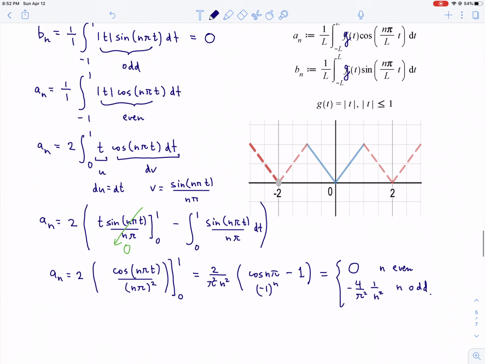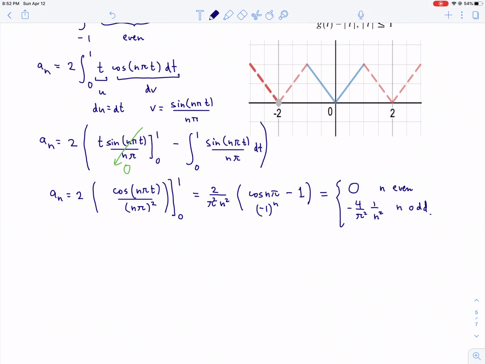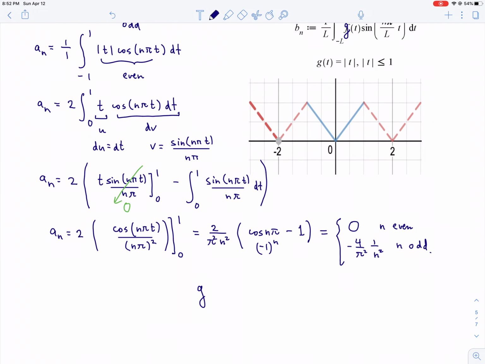Okay, and so finally, the Fourier series for g, which is the period 2 tent, is 1/2, the average value, minus 4 over pi squared, the sum over n odd of 1 over n squared cosine of n pi t.